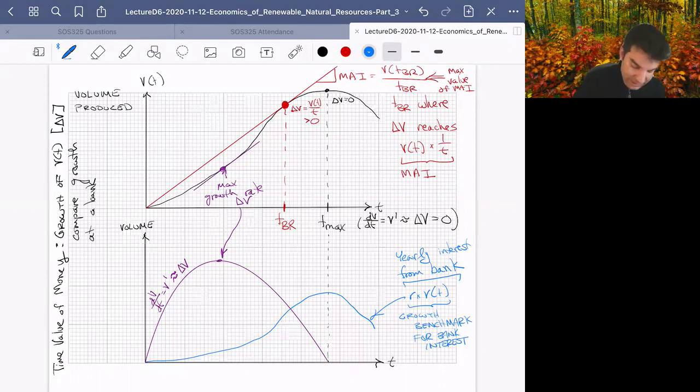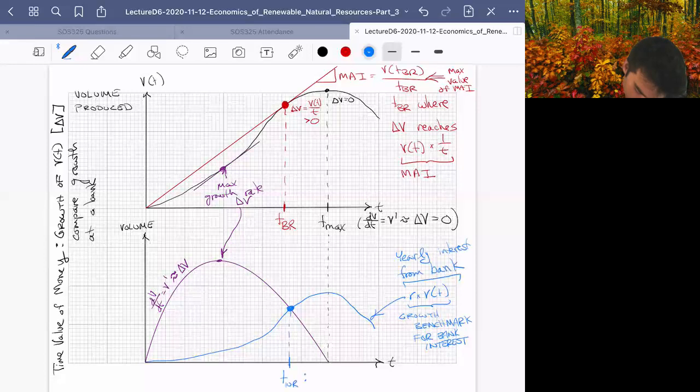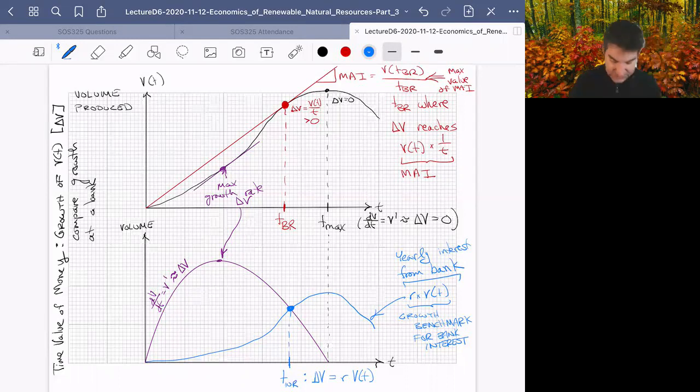Maybe it's not so terrible, but this suggests that this is at the Wicksell rotation, where delta V is equal to R V of t. And that is saying that I let my delta V fall, and once it hits this R V of t, that is when I cut. That is my Wicksell rotation.